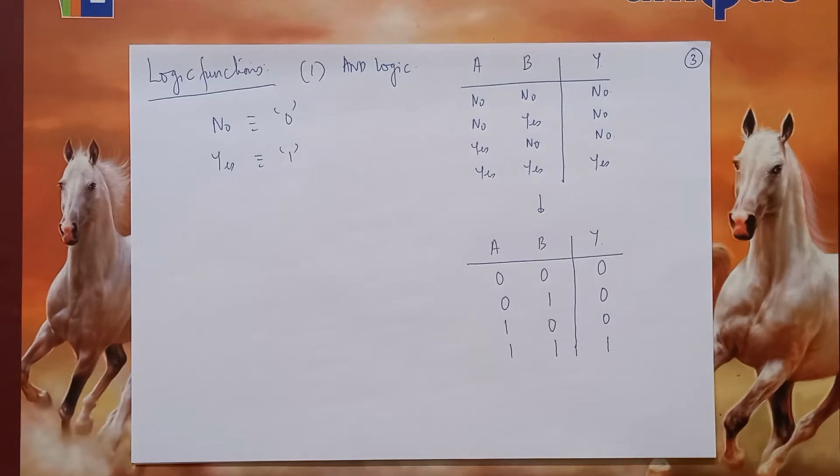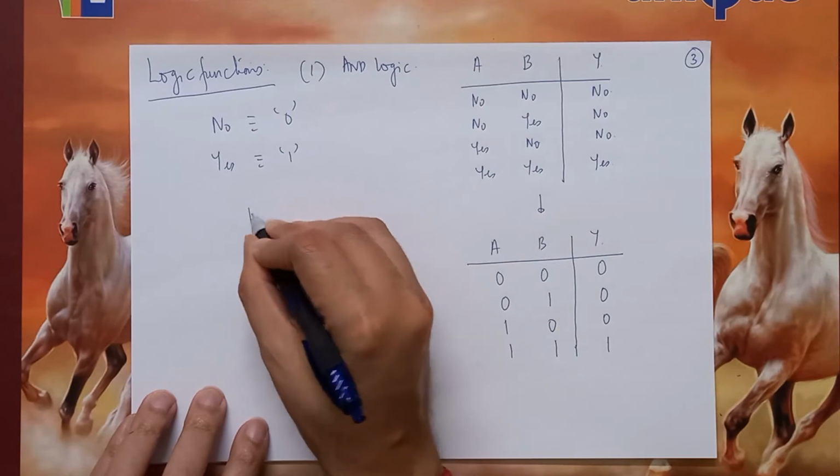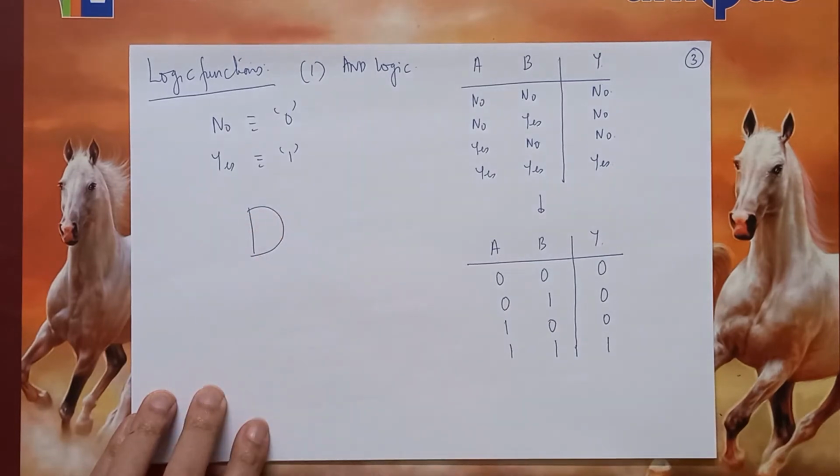So we can represent this AND logic in a circuit form also. It looks like this. This is called the AND logic gate.